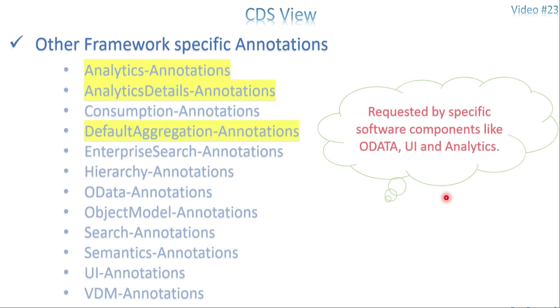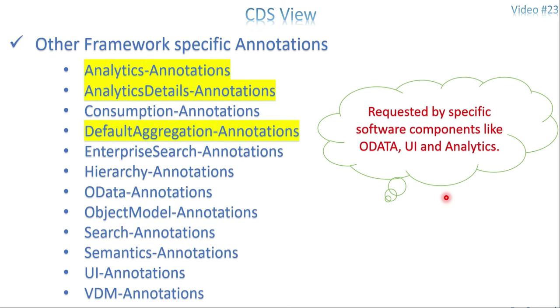The next one is other framework specific annotations. I showed you in the last video as well, we have two classifications, ABAP and other framework, and whatever I'm going to use today are other framework annotations. I'm going to use these three in my example today, and they are evaluated in the particular component only.